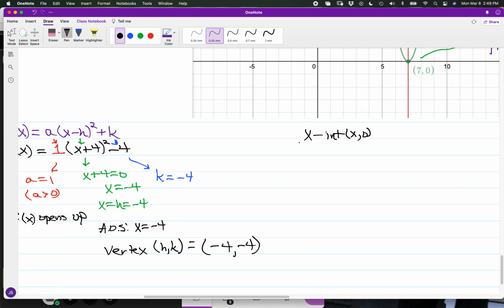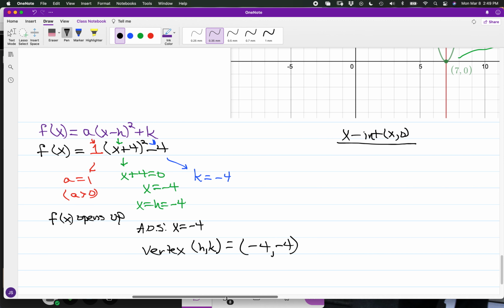Now for x-intercepts, you're looking at solving for x while y is set equal to 0. So you have y is equal to f of x, which is equal to the square of x plus 4, followed by the subtraction of 4.